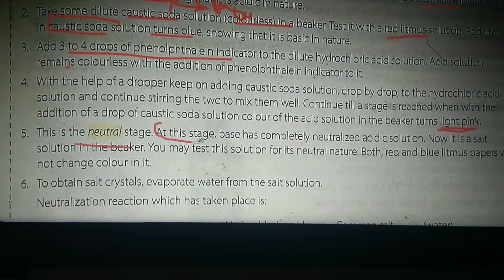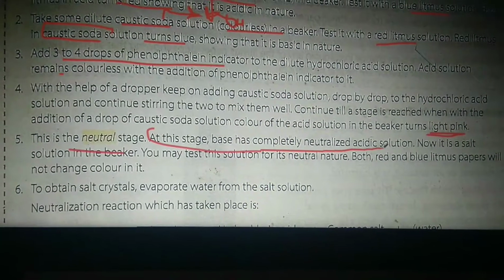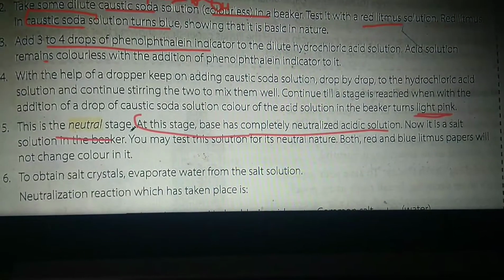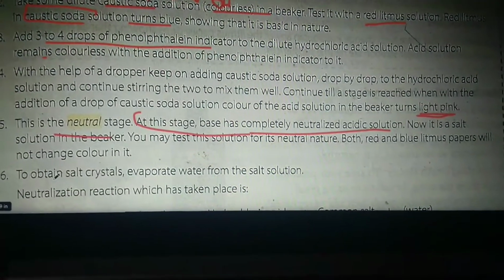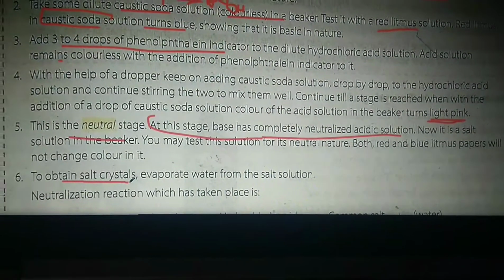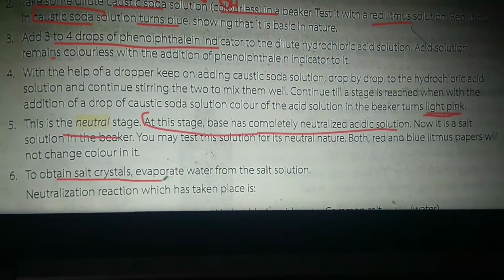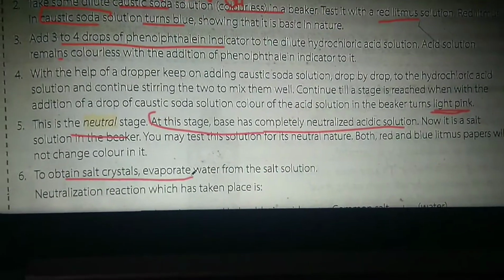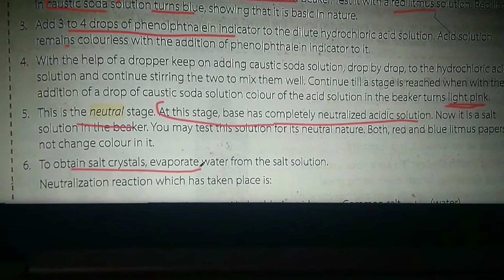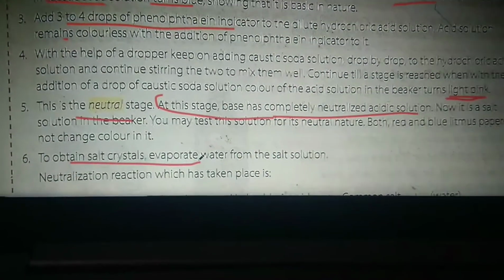At this stage, the base has been completely neutralized by the acidic solution. And we obtain crystals of salt when we evaporate this solution in the presence of heat.